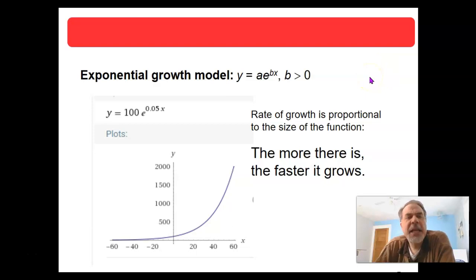And that's because if there are only a few people who have an infection, there aren't very many people that you could catch it from. But as more and more people get infected, there are more and more opportunities for an uninfected person to be exposed to the infection and catch it themselves. And so the more people have it, the faster it spreads.